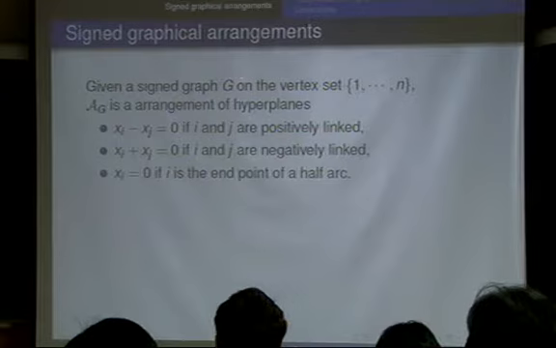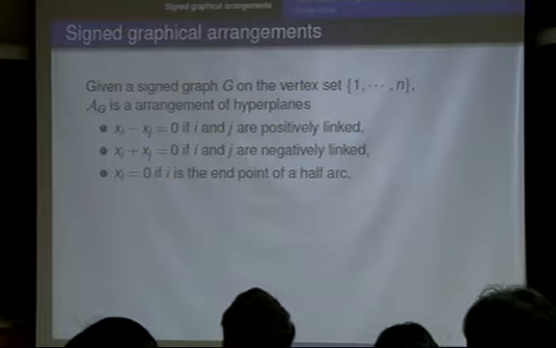Given a signed graph G, the signed graphical arrangement is the collection of hyperplanes defined by these equations. It's similar to the root hyperplane arrangement, but a little more general.